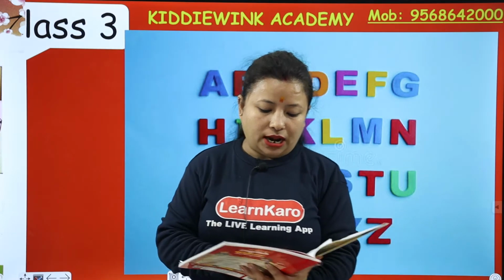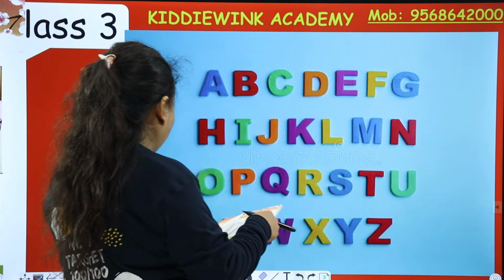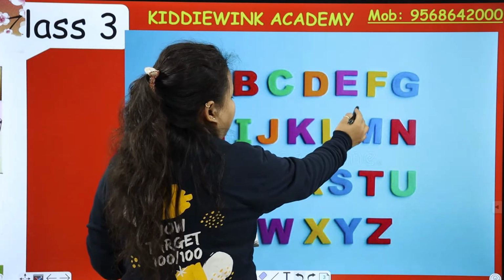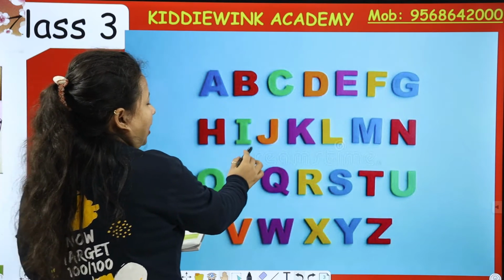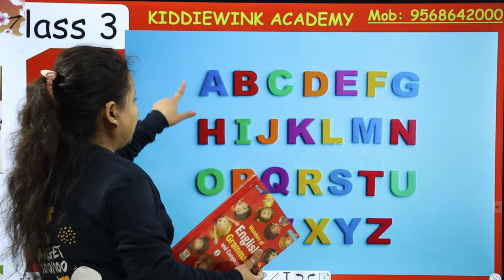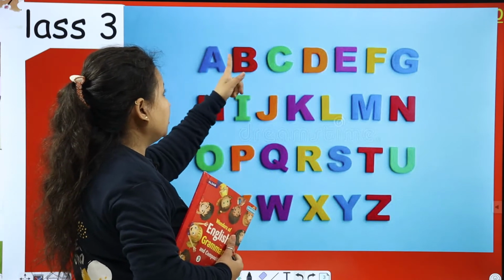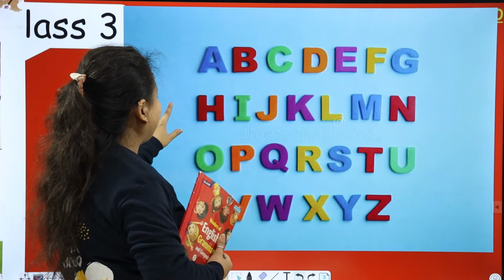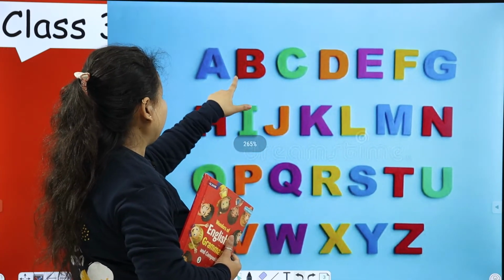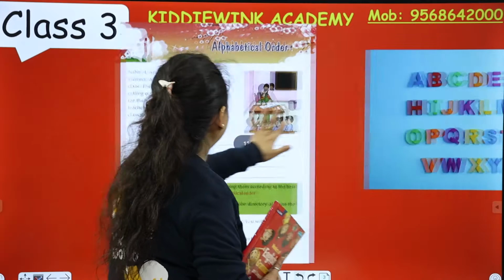The right order is A, B, C, D. Let us have a look at English alphabets again: A, B, C, D, E, F, G, H, I, J, K, L, M, N, O, P. The first letter of the English alphabet is A. The second is B. The third is C. If I say the first letter of the English alphabet is B, this is wrong, because the first letter of the English alphabet is A.